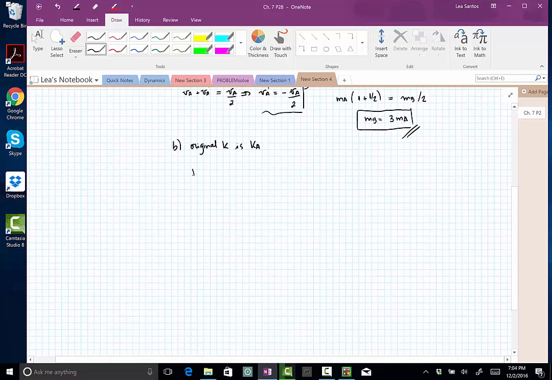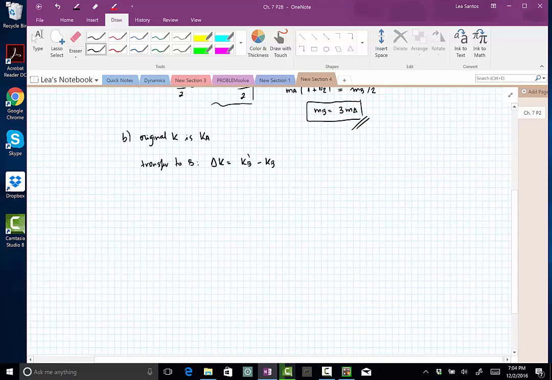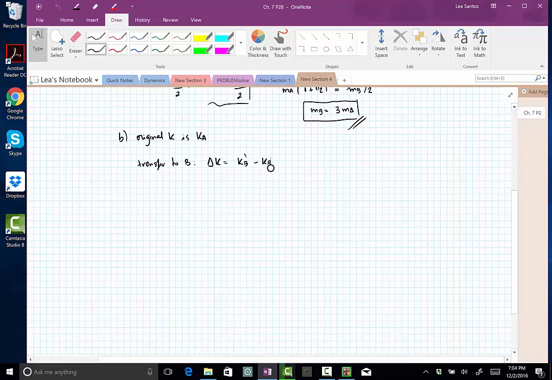The transfer to the second ball is delta K, meaning the final kinetic energy of ball B minus the initial. So what this question is actually asking is what fraction of KA is transferred to B. What they want us to compute is this ratio: KB prime minus KB, divided by KA. So this is the main problem, trying to figure out what the question is asking.